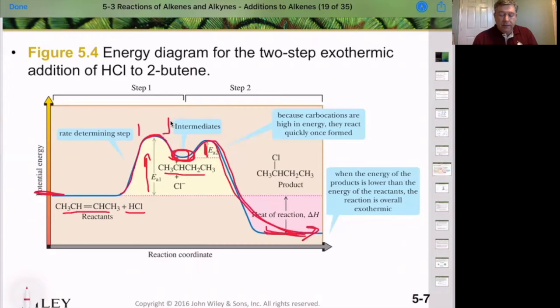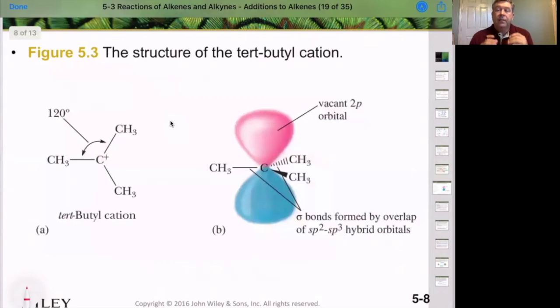Okay, so let's talk a little bit more about the actual nature of that carbocation. So we started with an sp2 hybridized carbon that had an electron in a p orbital to generate overlap with the p orbital next to it, okay? So the electron that was in that p orbital has now been removed to create the new sigma bond with the carbon next to it.